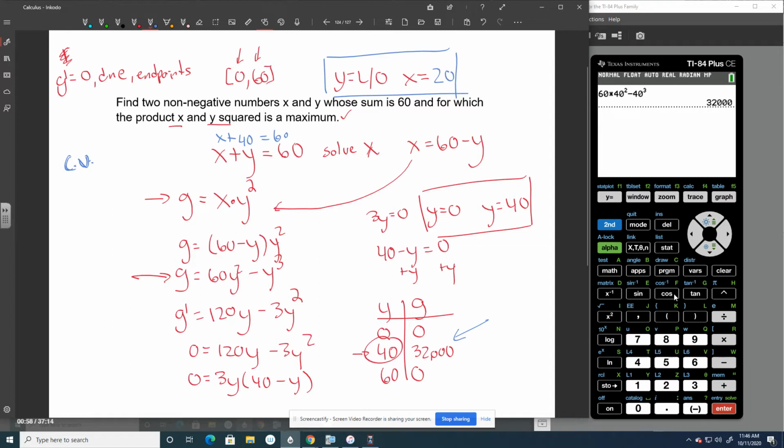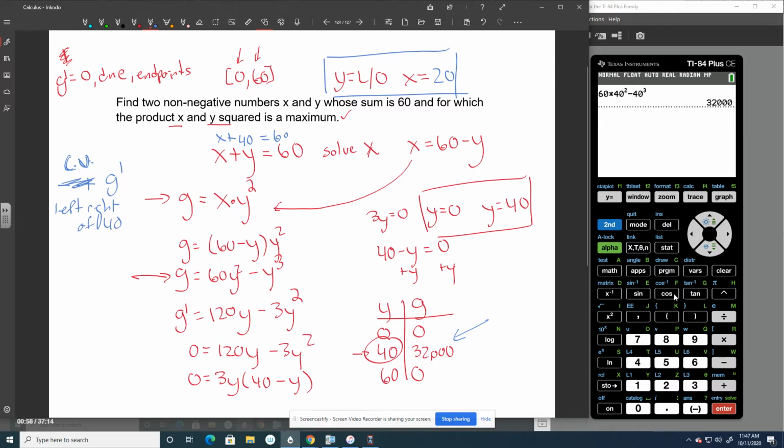But we don't know that it's a maximum without checking one of two things. We either need to check the left and the right of our derivative. We need to check the left and the right of 40.